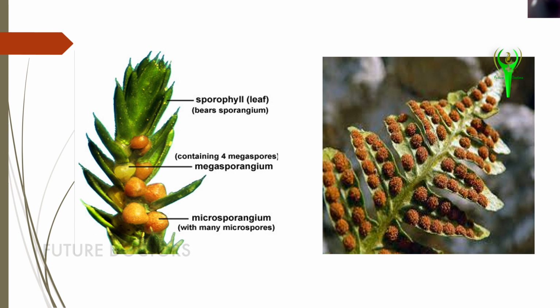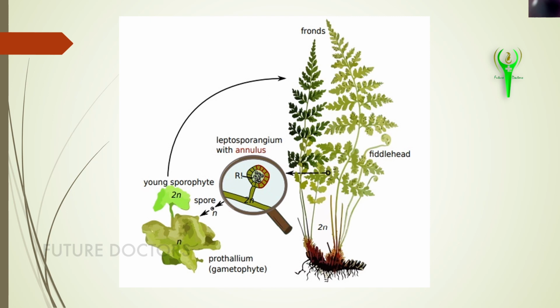Genera like Selaginella and Salvinia produce two kinds of spores. One is large, the macrospore, and another is the microspore. Thus they are called heterosporous. In the gametophyte stage, the thalloid gametophyte or prothallus requires cool, damp, shady places to grow.